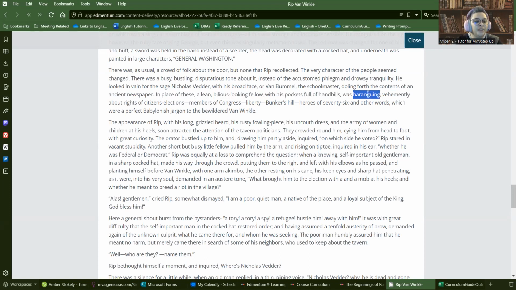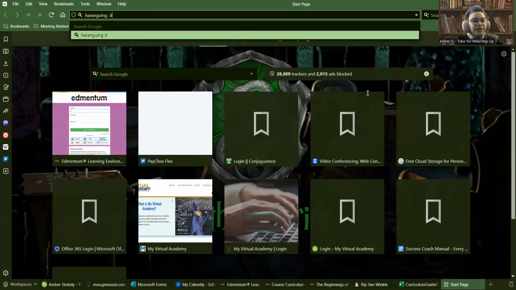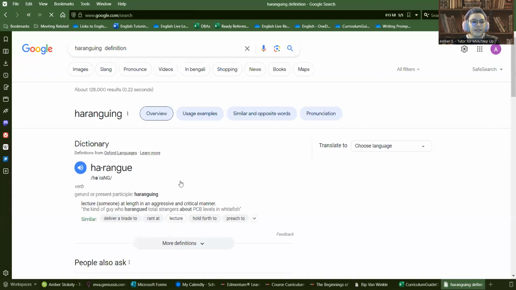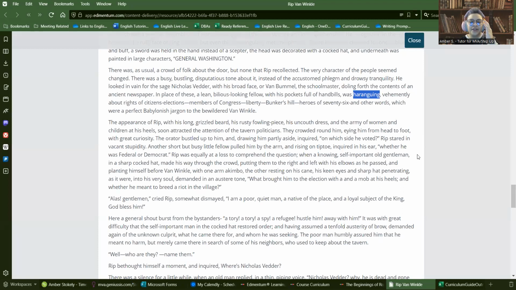Haranguing is basically sort of like being loud, making lots of noise, but we'll look it up anyway. I might be wrong. You never know. Okay, so lecturing someone at length in an aggressive or critical manner. So you're basically being noisy and aggressive while you lecture someone.